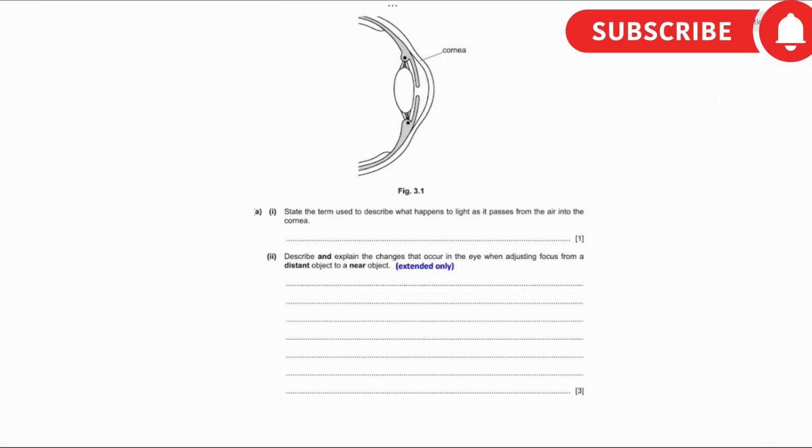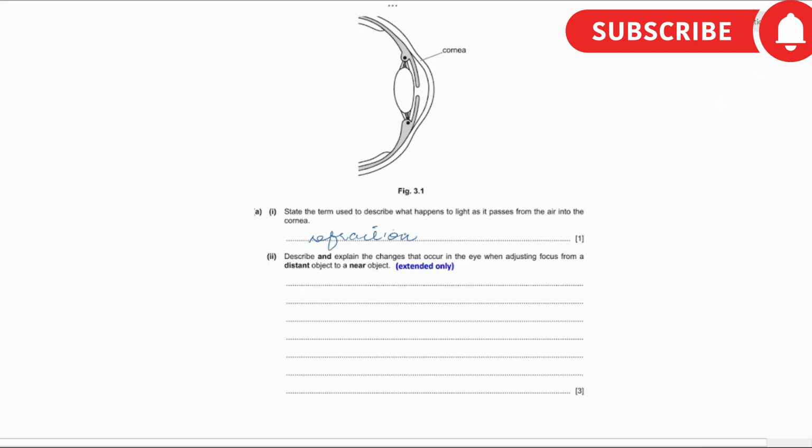What is the term used to describe what happens to light as it passes from air into the cornea? We have just discussed it in the previous question: it would refract. So the process is known as refraction.